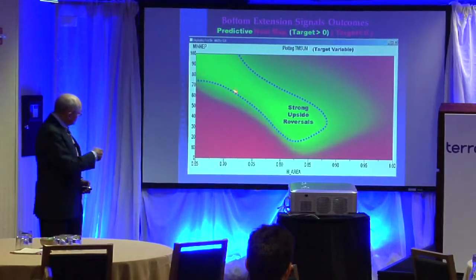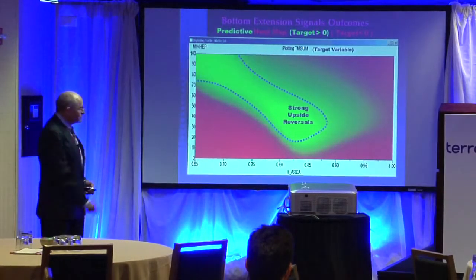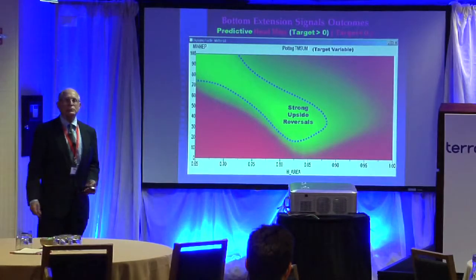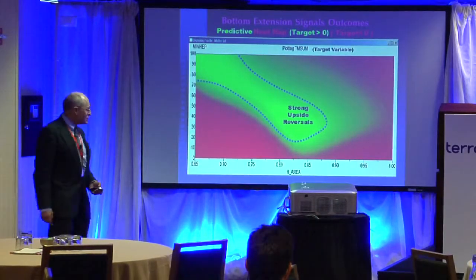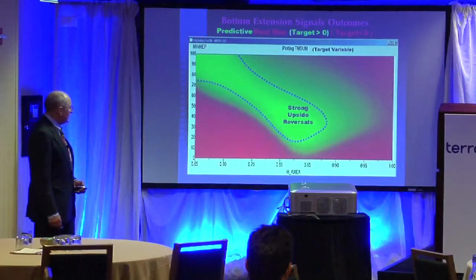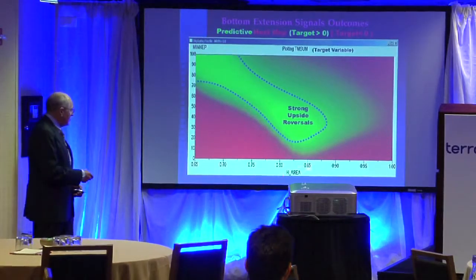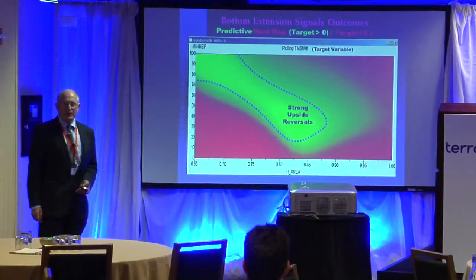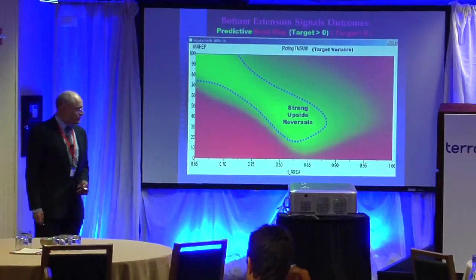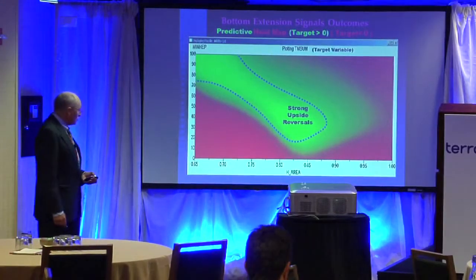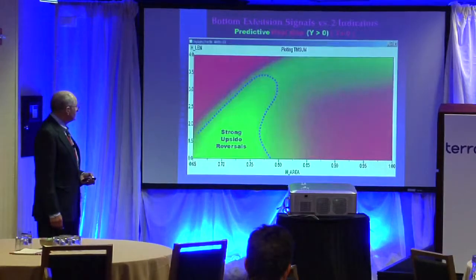So in this region here, on this particular two-dimensional map, that's where you get your best extreme Hurst signals, bottom extension signals. So min HEP, whatever that is, and H area, whatever that is, were identified by this non-redundant predictor screen as being useful and non-redundant.